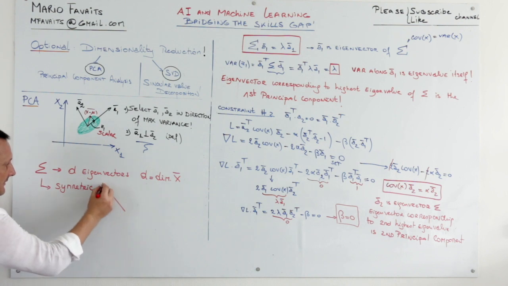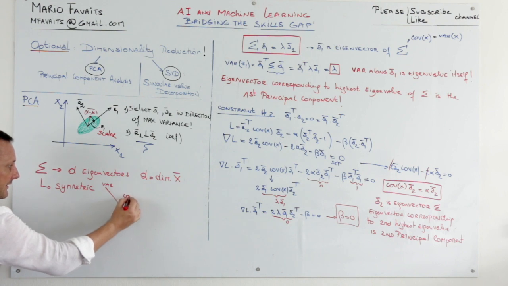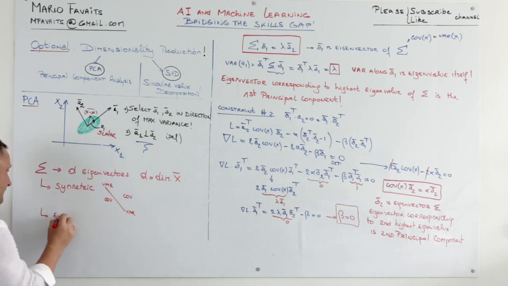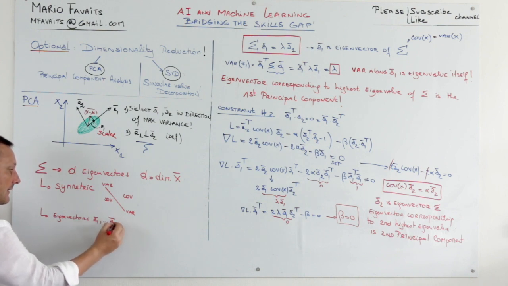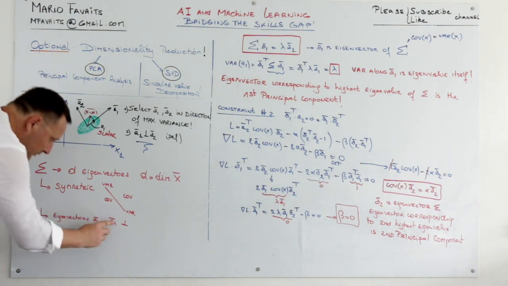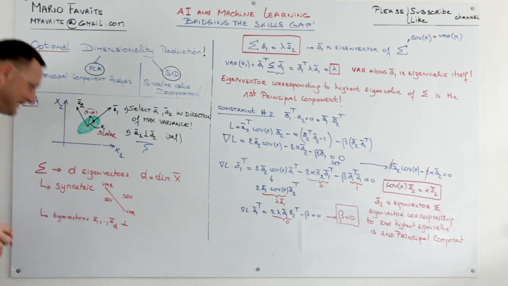Remember, we have the variances on the diagonal, and you have the covariances outside of the diagonal, and the eigenvectors A1 all the way to AD, since we say D dimensions, are orthogonal.